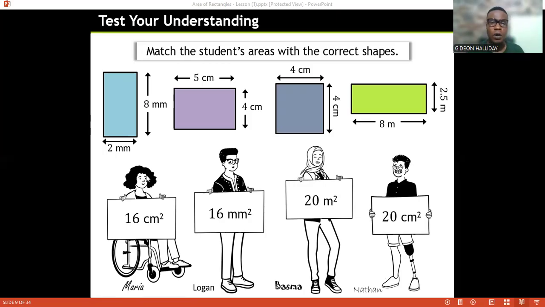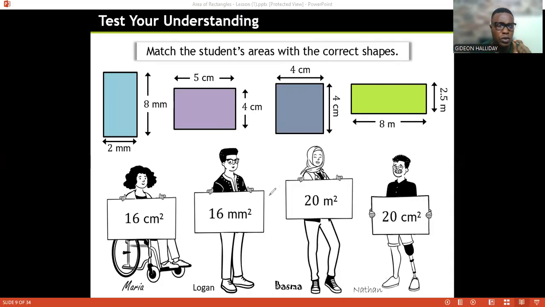So these are students holding answers to the areas of the rectangles above. We're just going to match them, but we have to solve them before we match them.